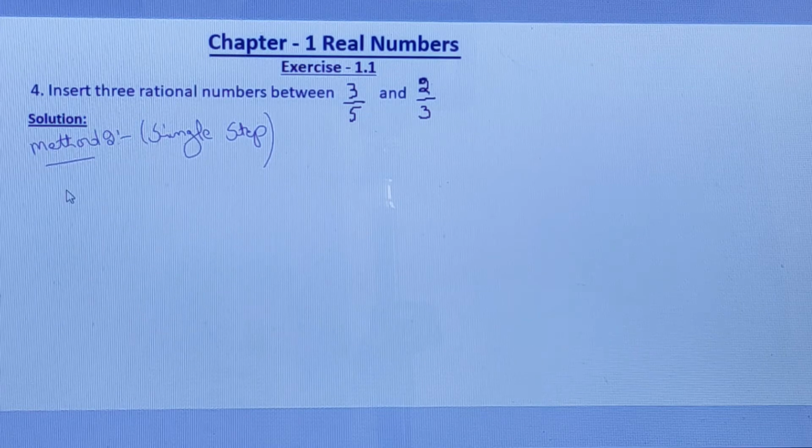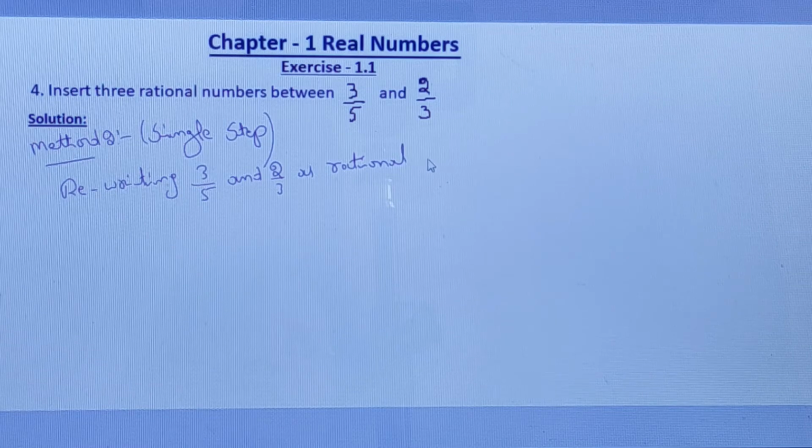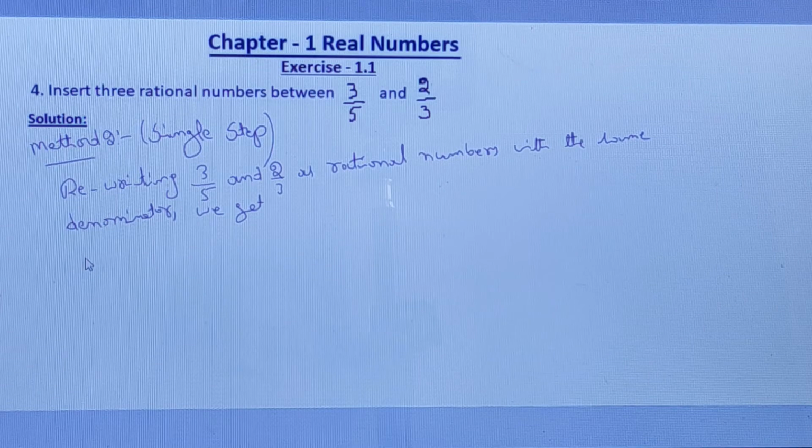Okay, so rewriting 3 by 5 and 2 by 3 as rational numbers with the same denominator, we get 3 by 5 and 2 by 3.